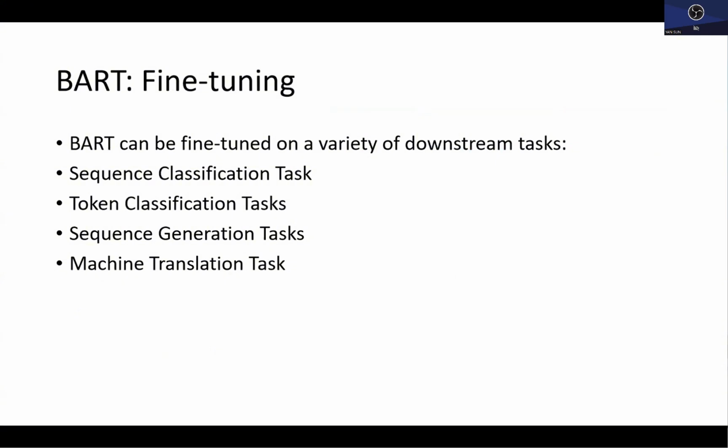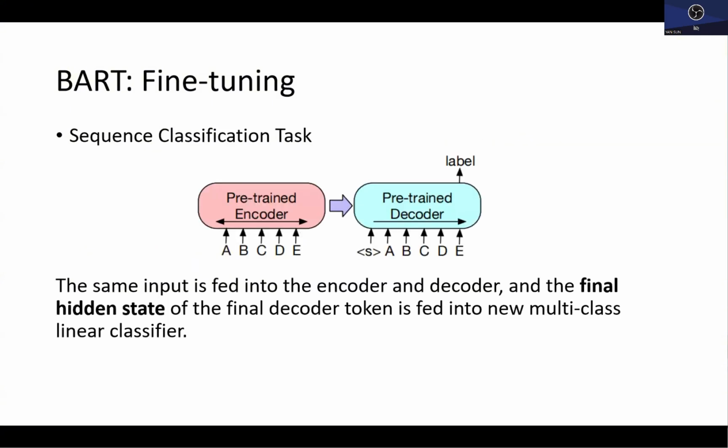After we have a pre-trained model, we can then fine-tune BART for a lot of downstream tasks. The tasks that BART can be fine-tuned on include sequence classification, token classification, sequence generation, and machine translation. For example, when we fine-tune BART on a sequence classification task, we feed the same input into both the encoder and the decoder.